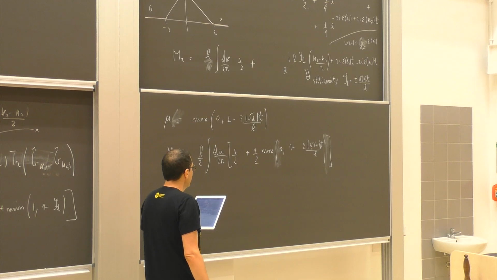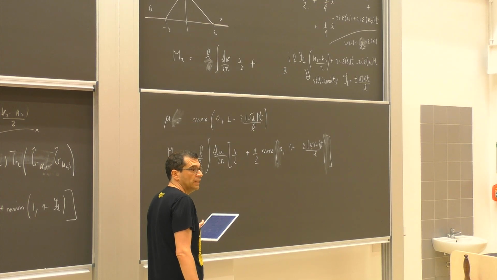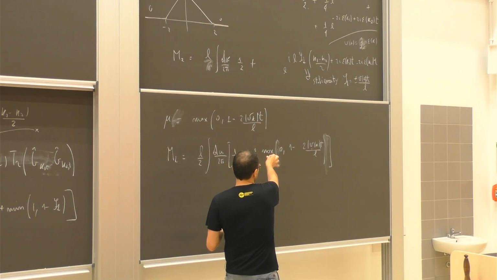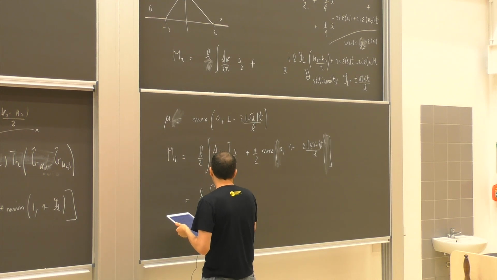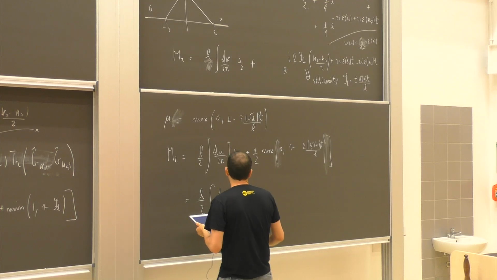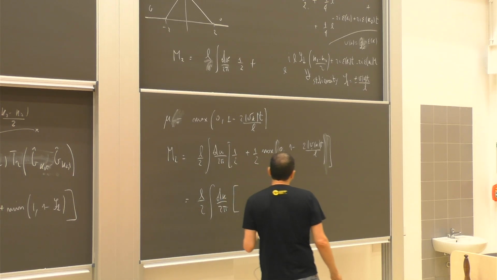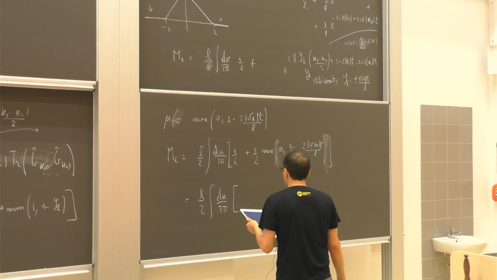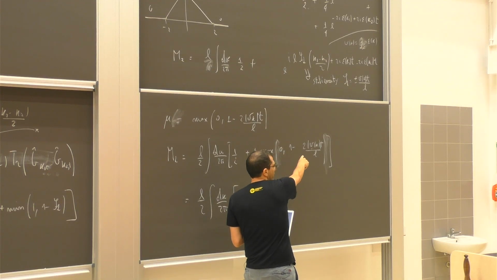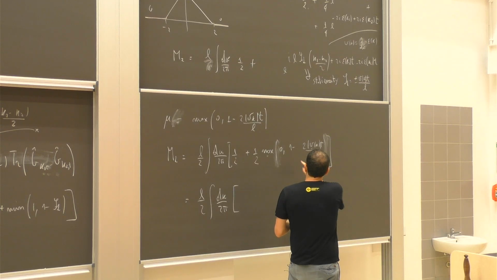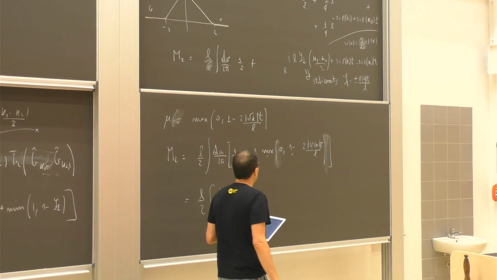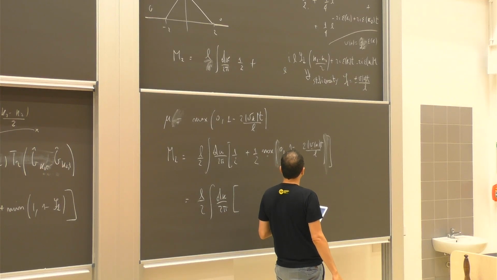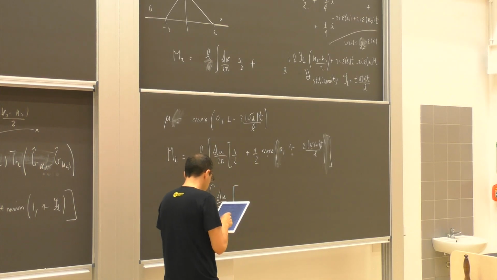So another thing that you can do is to massage this a bit. This is convenient. So this is the same as, I hope I did it correctly, I think it's this, no? Because max of something, of 0 something is... I forgot.